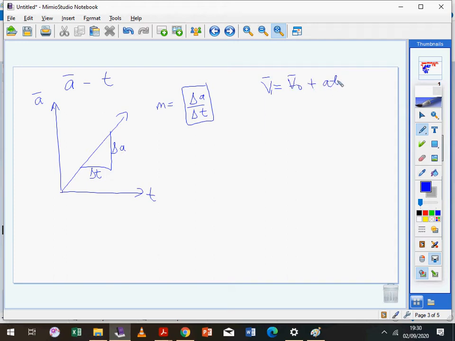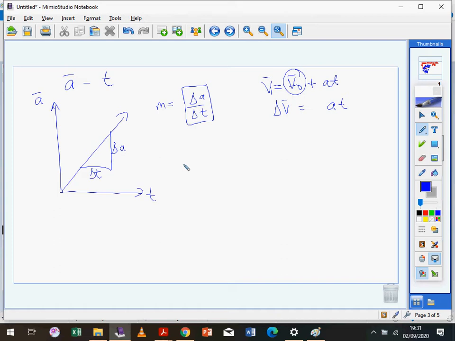If V0 is 0, or if I just think of this as the change in V equals AT, I hope you can see that the quantity change in acceleration divided by change in time, I can't find a physical quantity that represents.